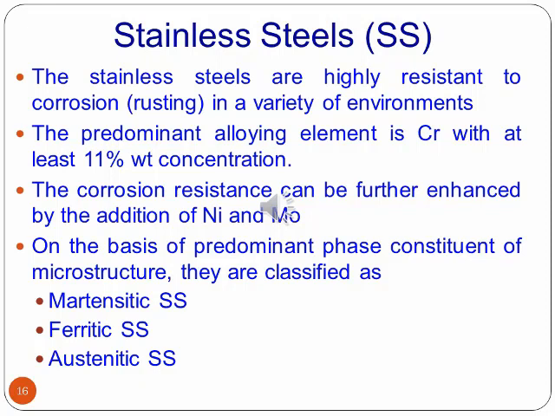Corrosion resistance can be further improved by adding nickel and molybdenum. On the basis of predominant phase, the constituent of microstructure can be classified as martensitic stainless steel, ferritic stainless steel and austenitic stainless steel.